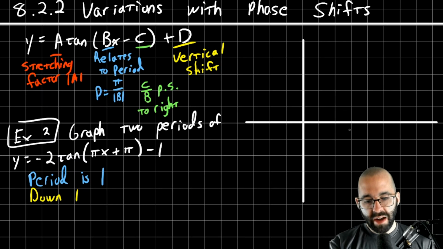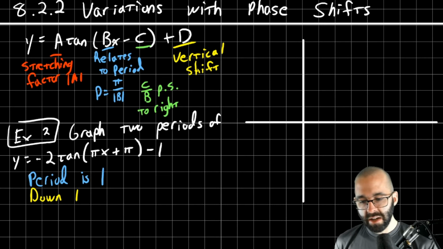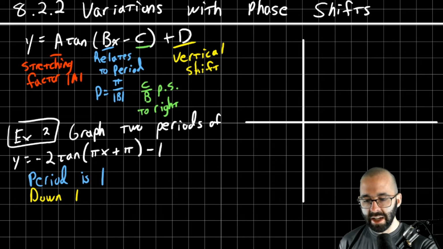All right, but before we graph things, we need to include the scale. So let's use a similar scale that we're using here. So the period is 1. Usually when you choose the scale, this is a good comment to make. Usually choose the scale relating to the period.